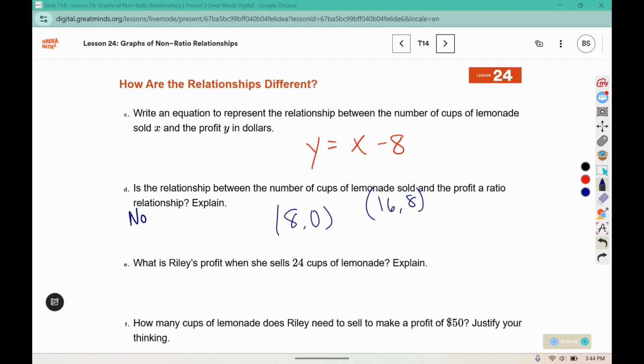But 8 times 2 gives us 16, and 0 times 2 does not give us 8. So these are not equivalent values for a ratio.